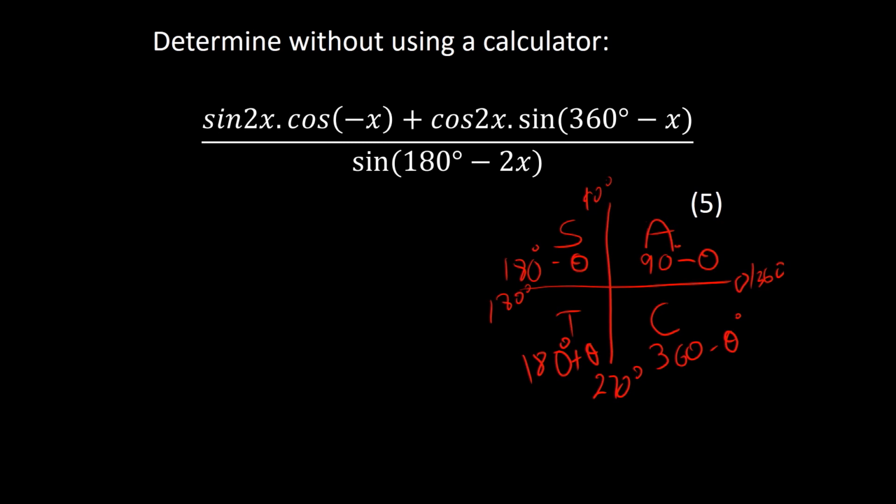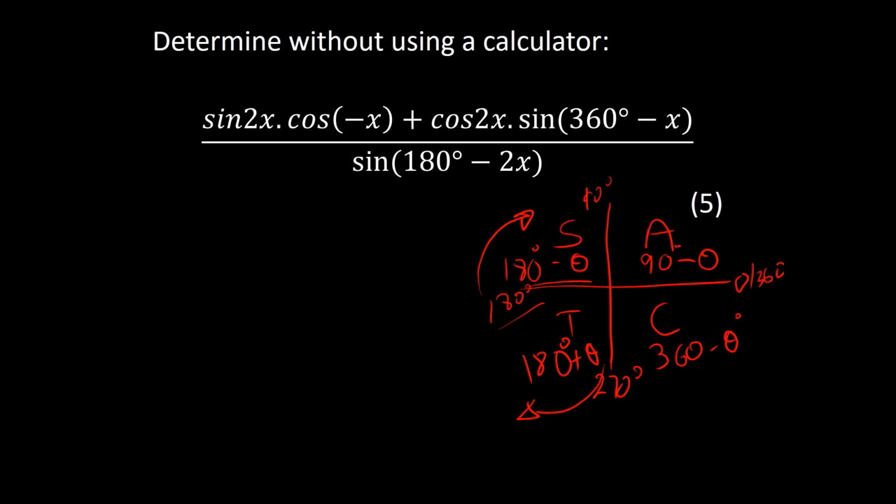Everything to the left of 180 degrees is 180 minus theta, and everything to the left of 270, but greater than 180 degrees, is 180 degrees plus theta. We could also say that as 270 degrees minus theta, but it's not something you really get examined on too much. All right, let's quickly get into the question because we don't have much time left.